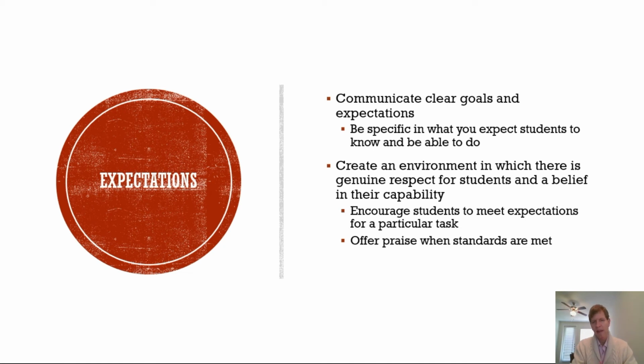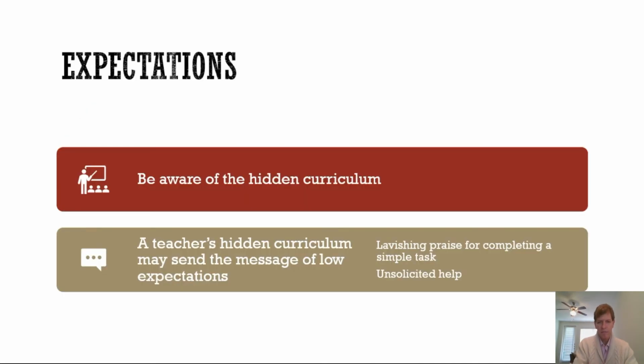Remember, praise when standards are met, but not simply empty praise, praise that is very specific to what that student has done. Be aware of what's called the hidden curriculum. These are hidden messages, hidden signals that a student picks up. For instance, if a teacher is constantly giving out lavish praise for the simplest of tasks, that's going to make the student feel like, okay, you really think I'm dumb, don't you?